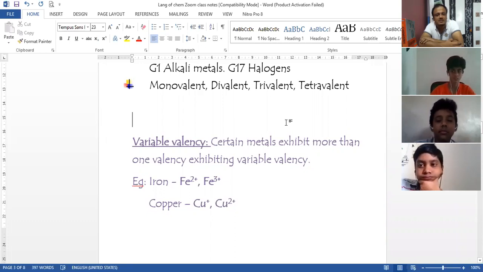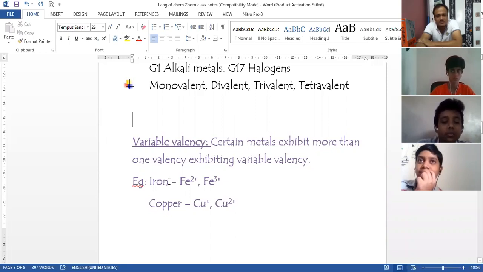Now there are examples of non-metals also. Like we had a question in our grade 8 term 2 paper, examples of two elements which show variable valency, which are non-metals. So the answer was sulfur, right? Basically we'll be studying variable valency mostly for metals, because those are the ones which form a lot of bonds with non-metals. So that's why we are just sticking to metals over here.